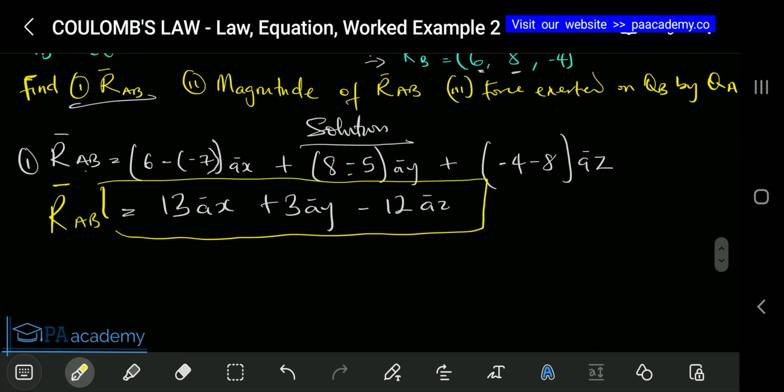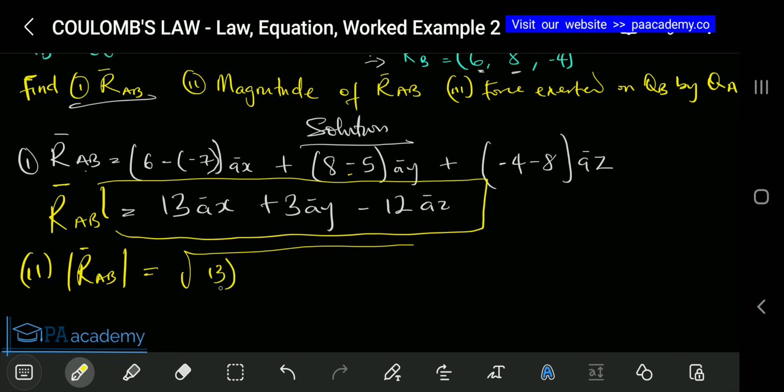Now let's look for the magnitude of RAB. That's the second part. It should look like this. The magnitude of RAB is just the square root of whatever we get as the vector here.